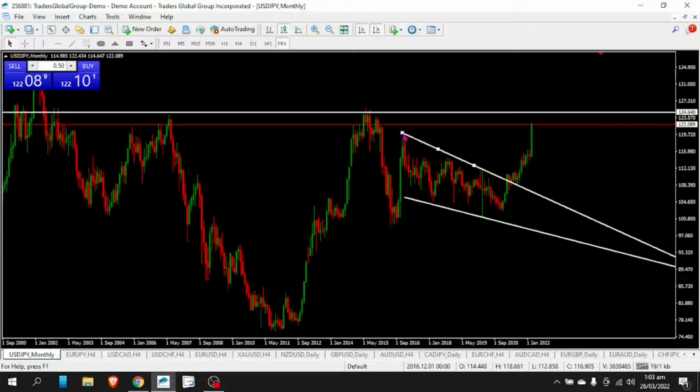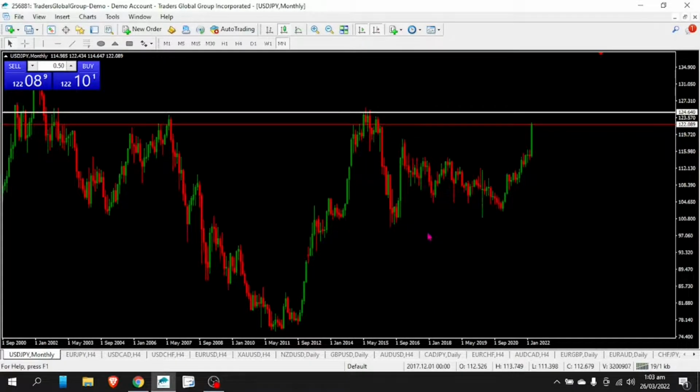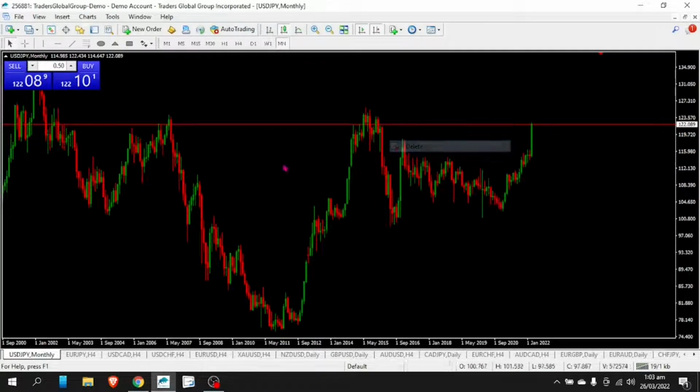I will now remove all these tools because this is not what we are about to discuss. We are about to talk about the Fibonacci tool. At this point, if you scroll your mouse to this point, you will see the Fibonacci retracement tool.